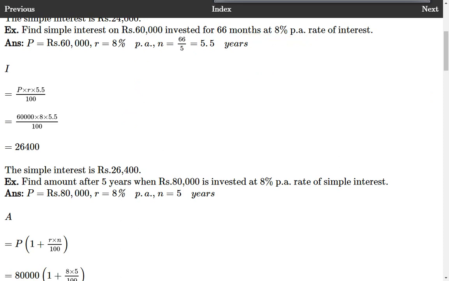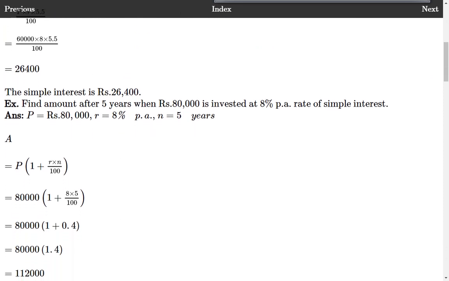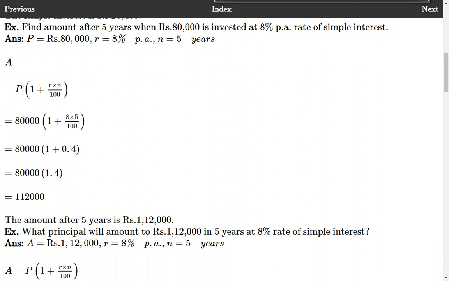Let us see the third example on simple interest. Here the problem is to find the amount after 5 years when rupees 80,000 is invested at 8% per annum rate of simple interest. So write down the given things. Principal amount is 80,000.